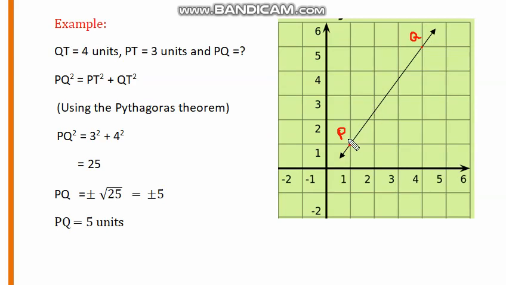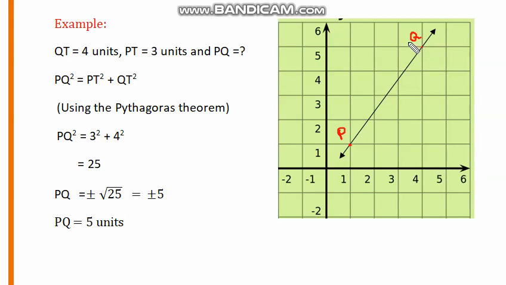Let's discuss with an example. Here I took 2 points P and Q on a straight line. We need to find out the distance between P and Q. Directly we cannot find out their distance. Then how to find out their distance?